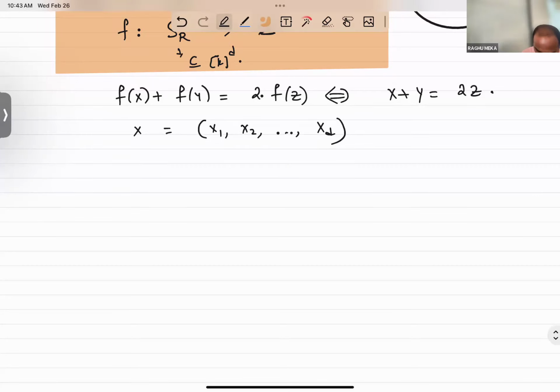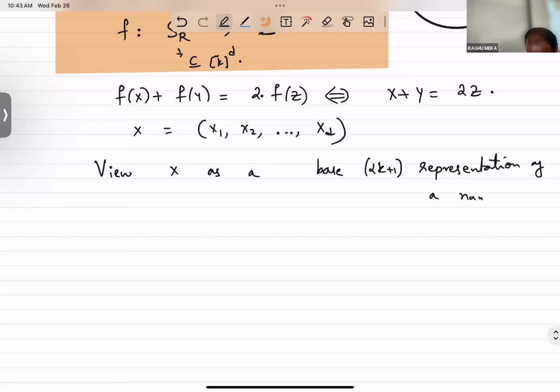So view x as a base 2k plus 1 representation of a number. Okay. So what does this mean concretely?